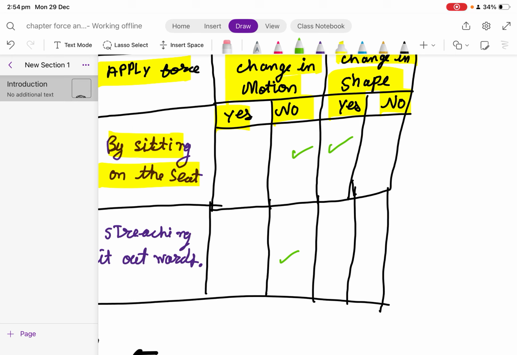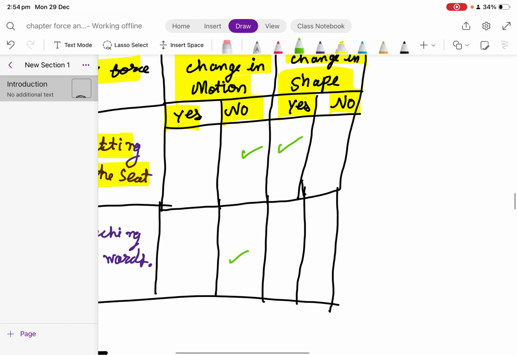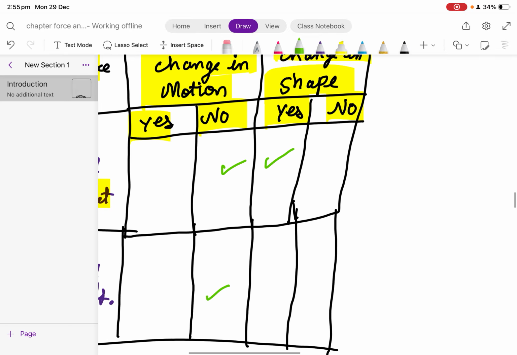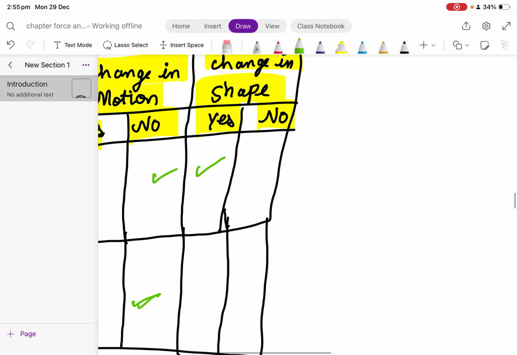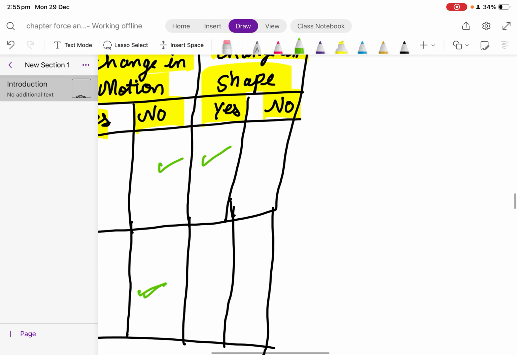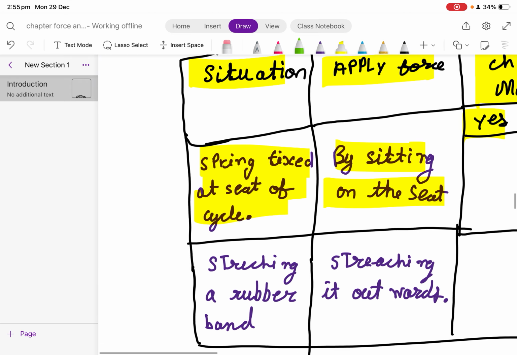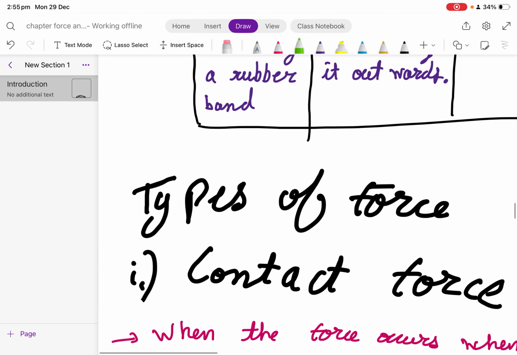Motion is when you change the coordinates of the body, or the place of the body. So that's no. Change in shape? Yes, there is a change in shape. It is stretched outwards when you stretch a rubber band.